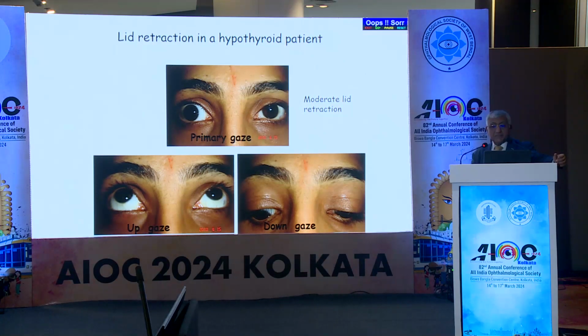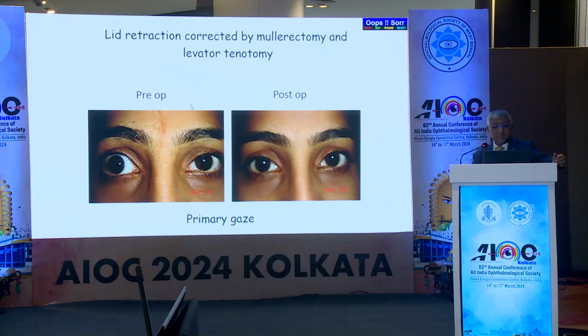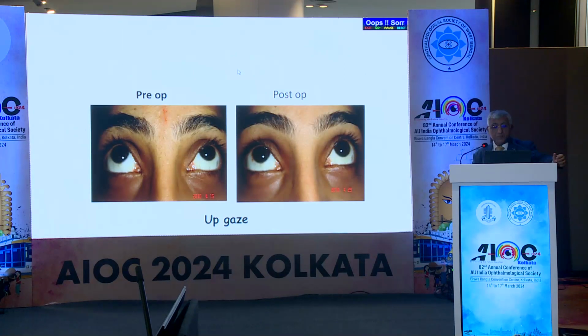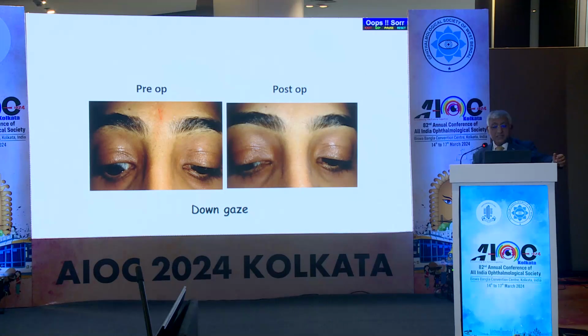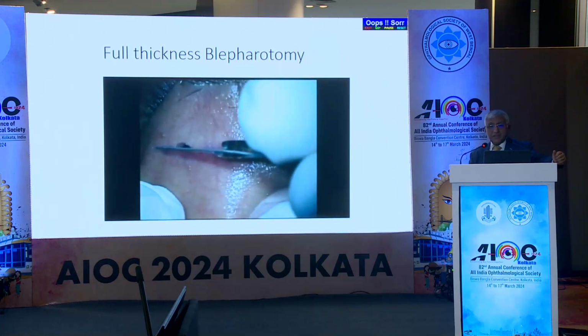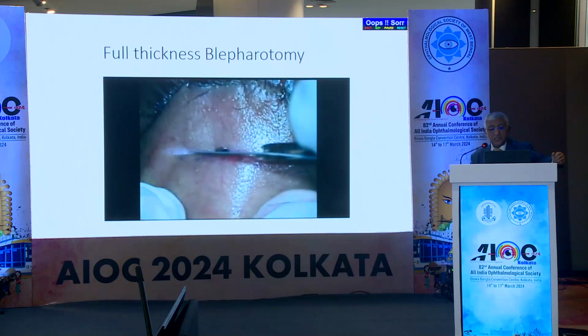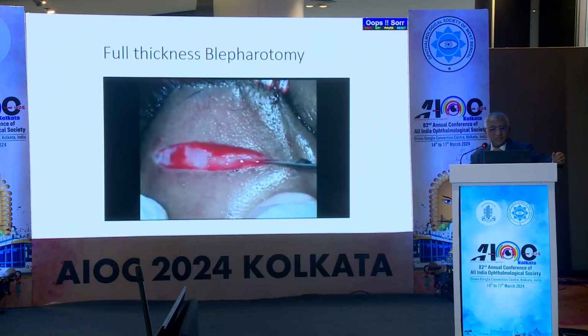So examples are a moderate lid retraction where we have corrected, this is the moderate retraction that you see here. It's about 3 millimeters, 3.5 millimeters, and this is the post-op result after Müllerectomy and levator tenotomy in up gaze, down gaze.